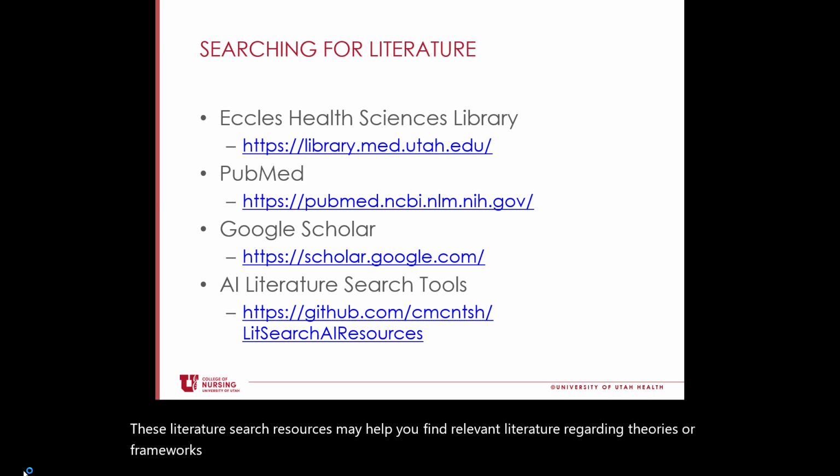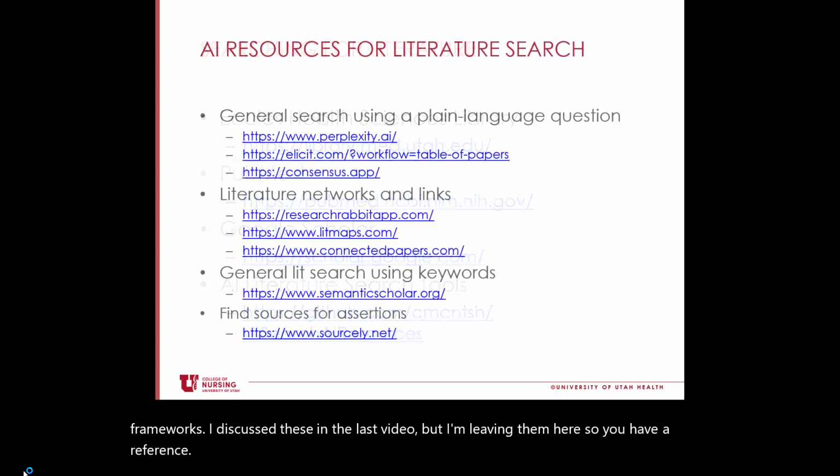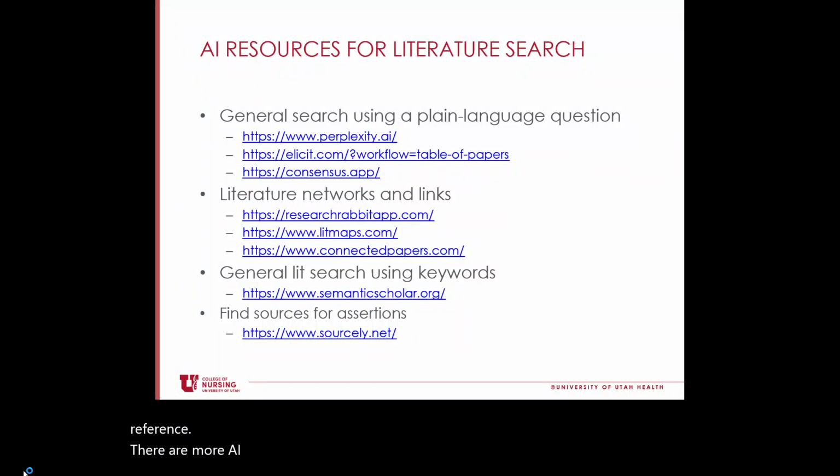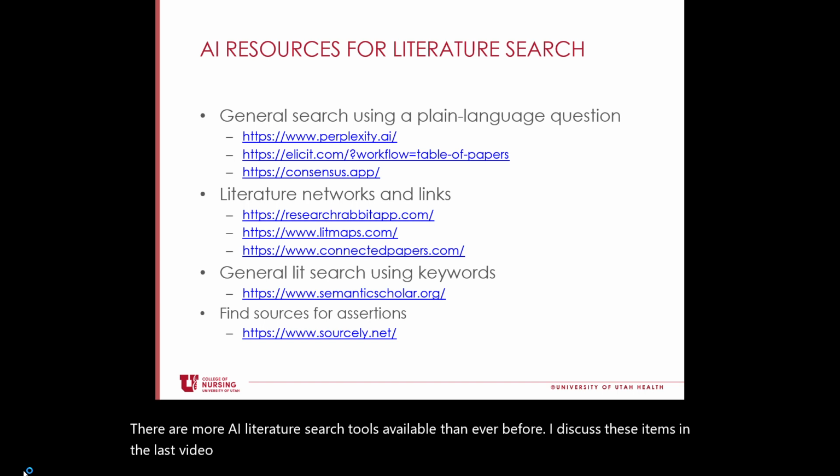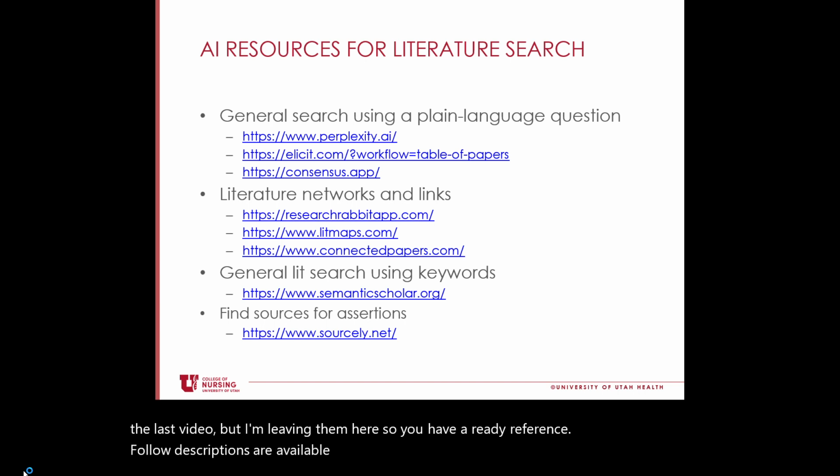I discussed these in the last video, but I'm leaving them here so you have a reference. There are more AI literature search tools available than ever before. I discussed these items in the last video, but I'm leaving them here so you have a ready reference. Fuller descriptions are available in the notes on the slides.